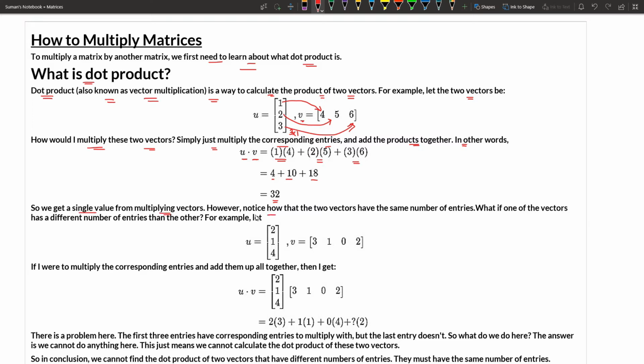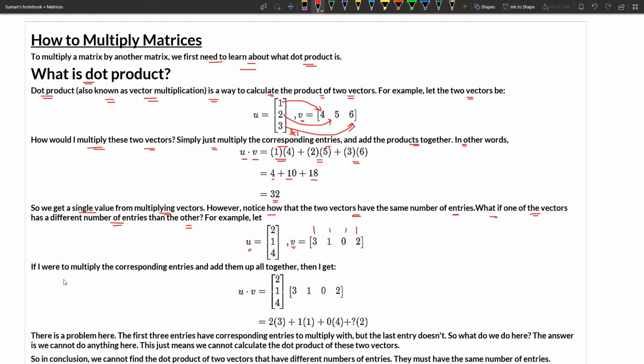However, notice that the two vectors have the same number of entries. What happens if one of the vectors has a different number of entries than the other? Suppose we have two other vectors: u, that is 2 1 4, a column matrix, and v, a row matrix with 4 columns, 3 1 0 2.